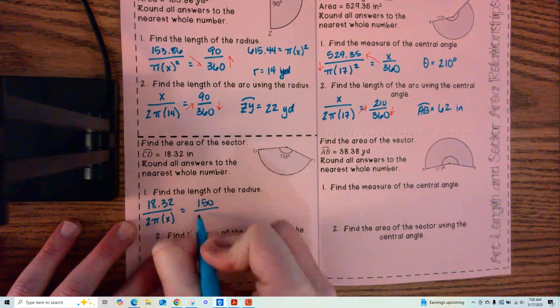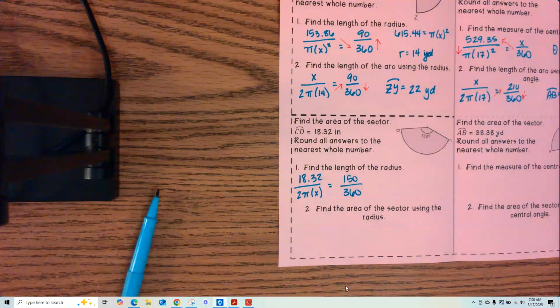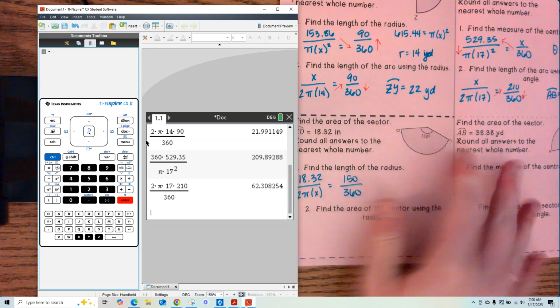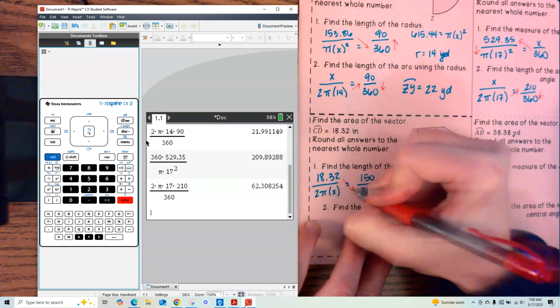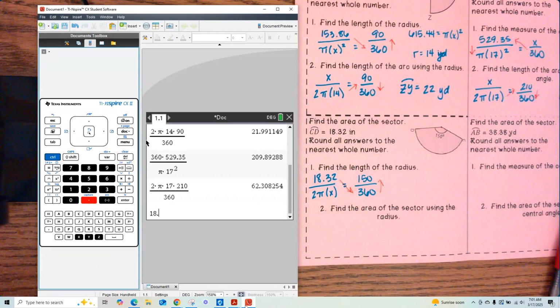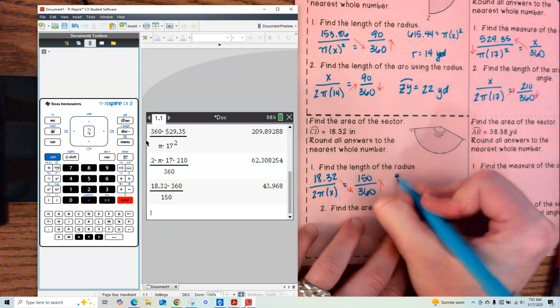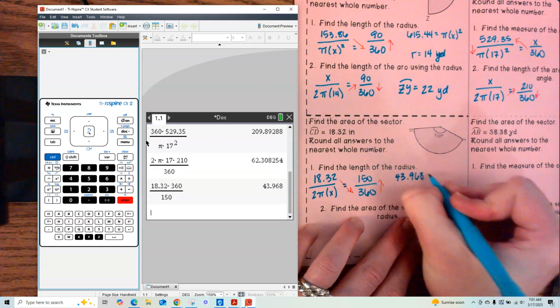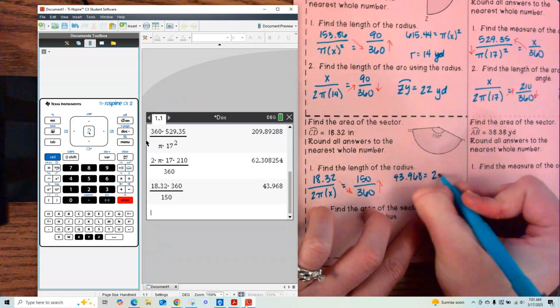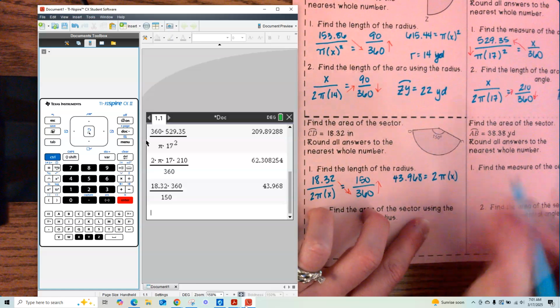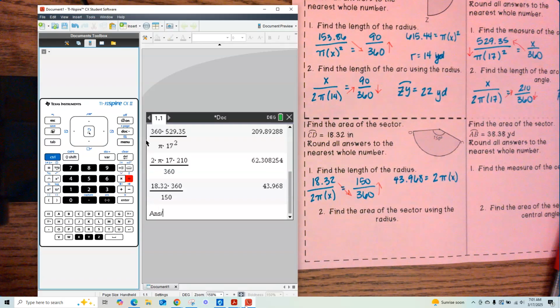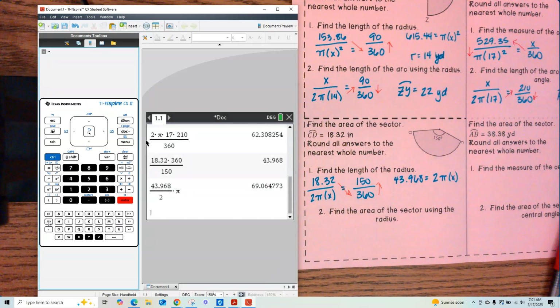Central angle is 150 over 360. So cross multiply and divide. So 18.32 times 360 divided by 150. Now, this amount is equal to 2 pi times x.